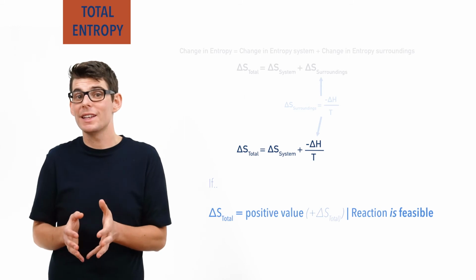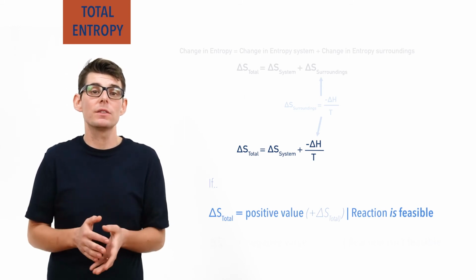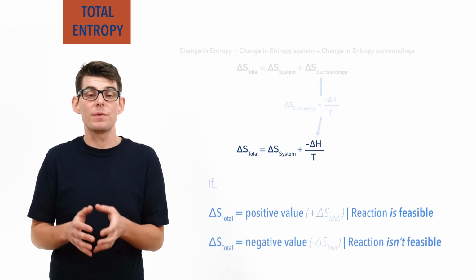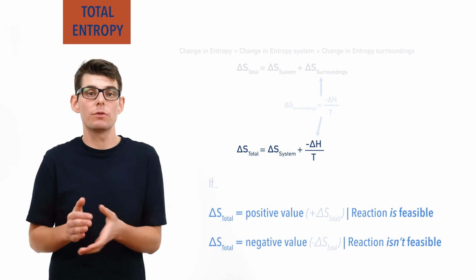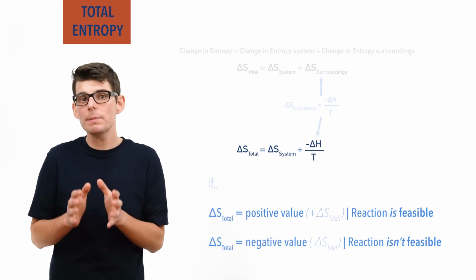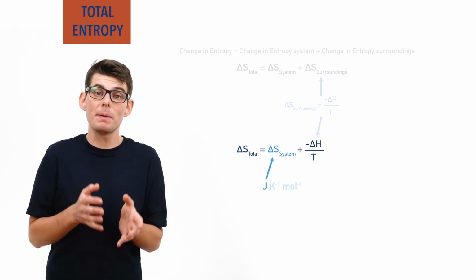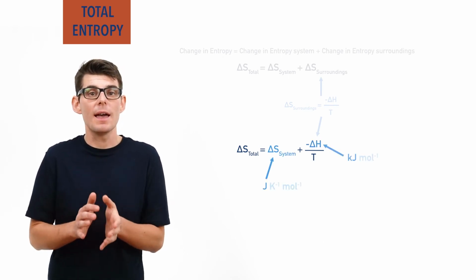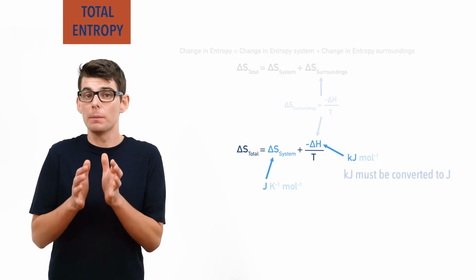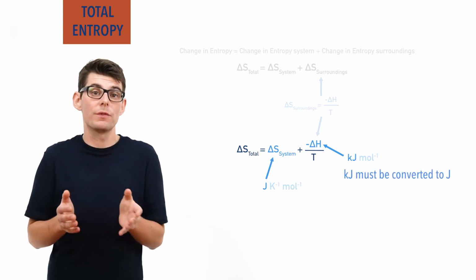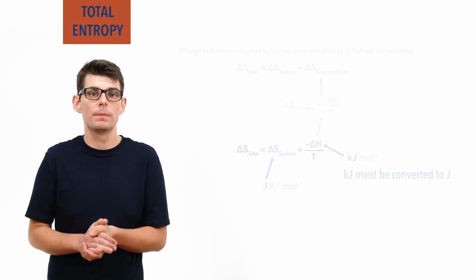If the value calculated is negative, the reaction isn't feasible and can't occur, as this would mean a decrease in total entropy. You need to be careful here of units. Entropy is given in joules, and enthalpy is given in kilojoules. Enthalpy must be changed from kilojoules to joules to find total entropy change.